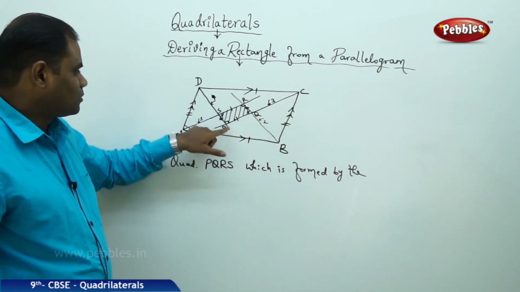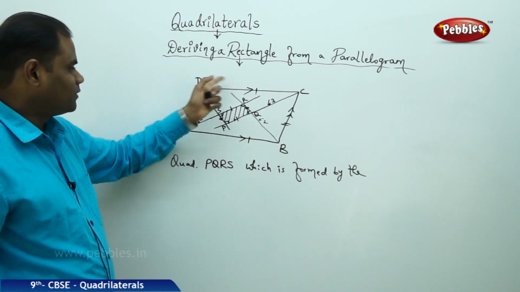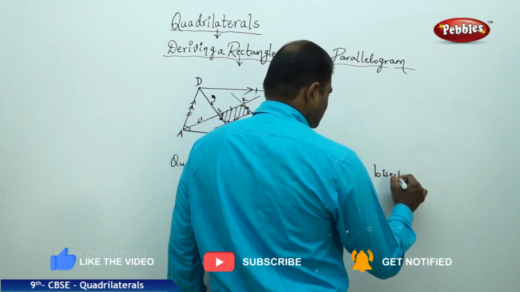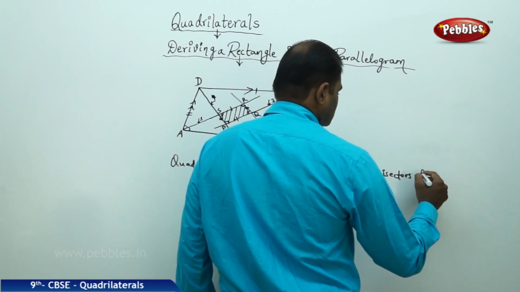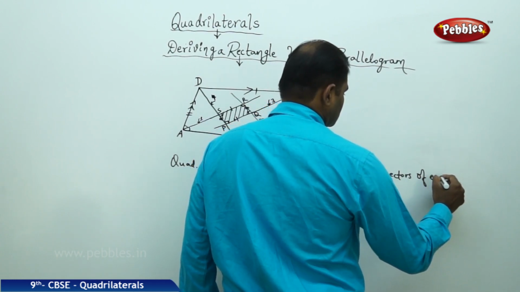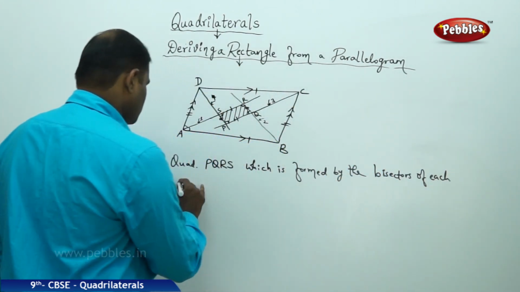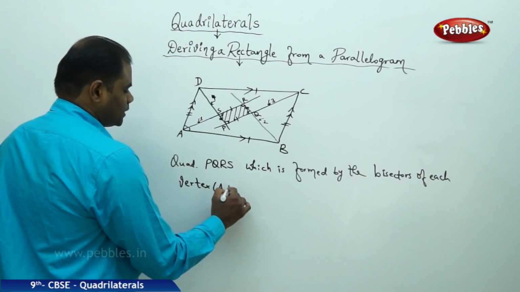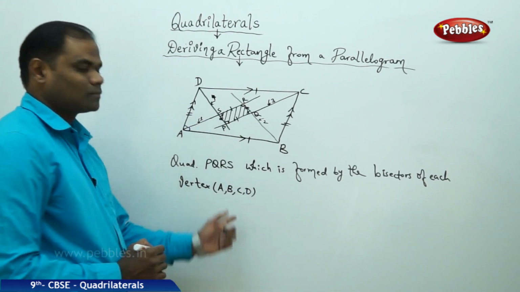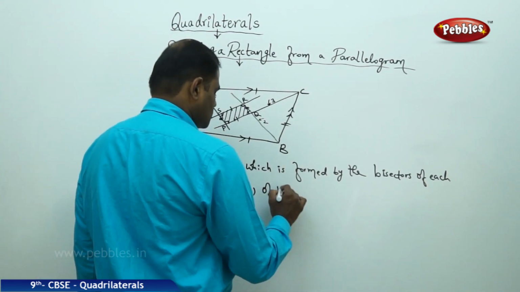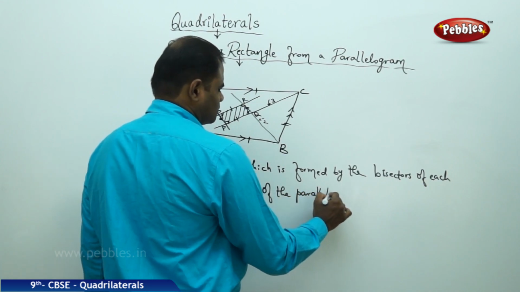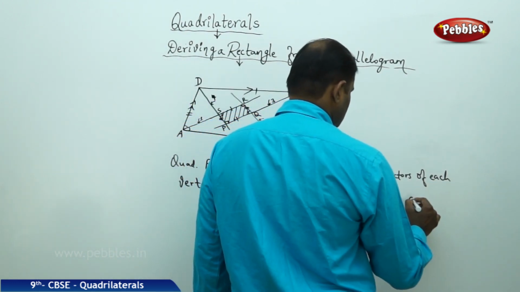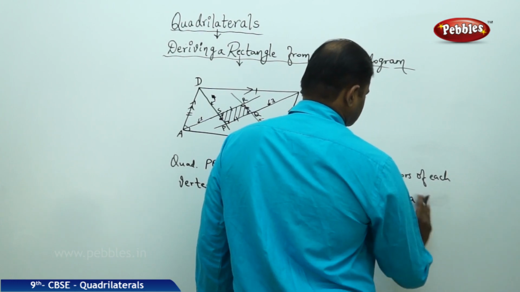Usually this quadrilateral is formed by the bisectors of each angle of the parallelogram, that is, the bisectors of each vertex A, B, C, D. Each vertex of the parallelogram ABCD gives a rectangle.